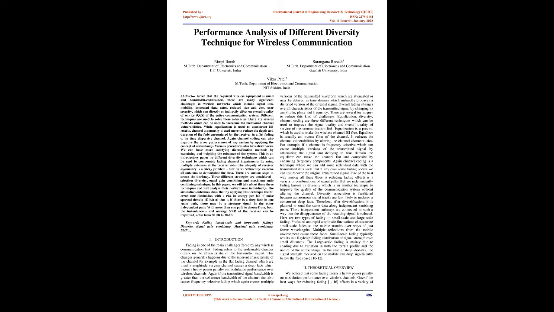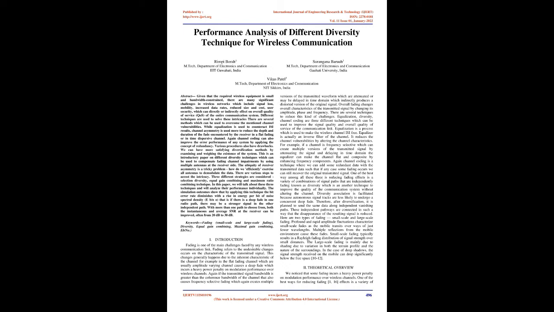Again, if the transmitted signal bandwidth is greater than the coherence bandwidth of the channel, that also causes frequency selective fading, which again creates multiple versions of the transmitted waveform which are attenuated or delayed in the time domain, which indirectly produces a distorted version of the original signal.